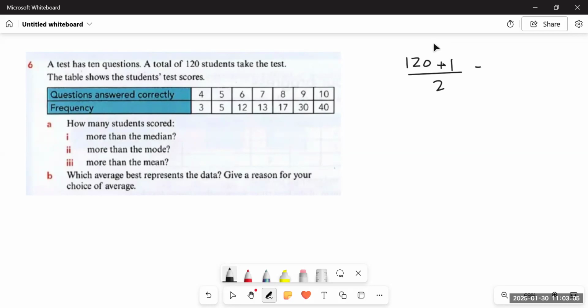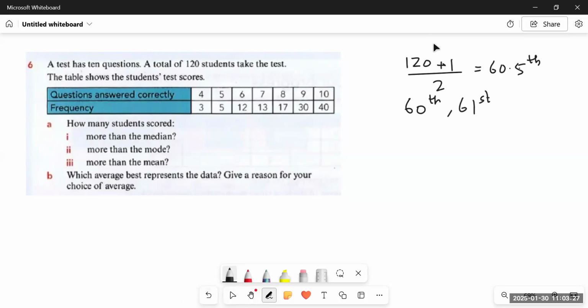It means the 60.5th, that is the 60th and 61st frequency values are the median.